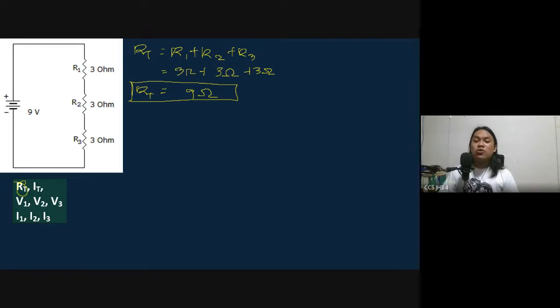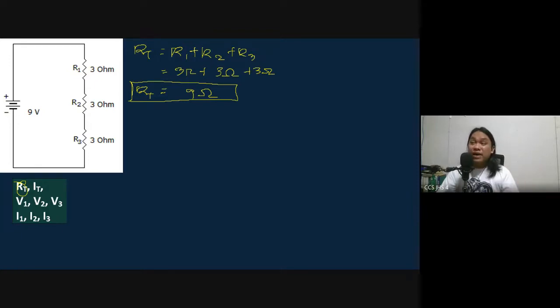Total. Okay, nganong total man? Why can we solve for the total current na? What is the reason? Unsa ang condition sa current sa series circuit? The amount of current is constant all throughout the circuit. So I sub T is equal to I sub 1 equal to I sub 2 equal to I sub 3.